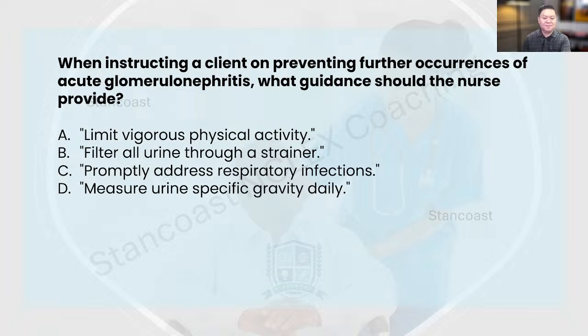Is it A, limit vigorous physical activity? Or is it B, filter all urine through a strainer? Or is it C, promptly address respiratory infections? Or D, measure urine density daily, or actually measuring the urine specific gravity? Take your pick.